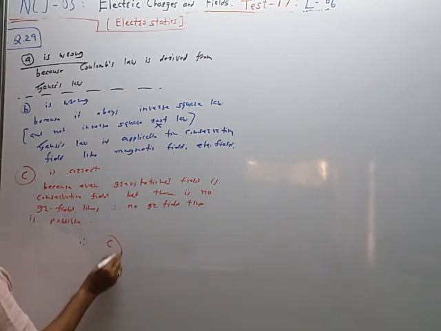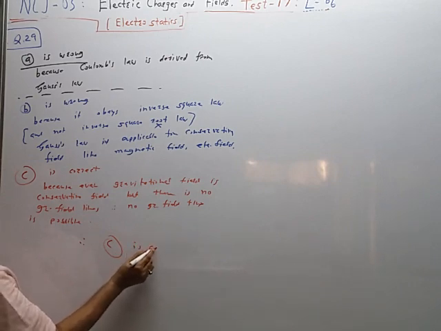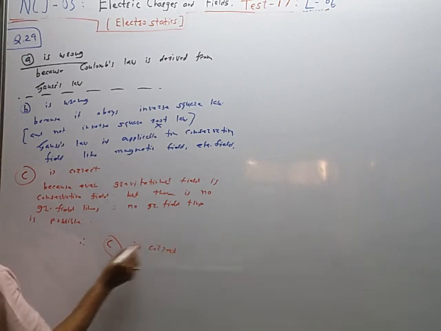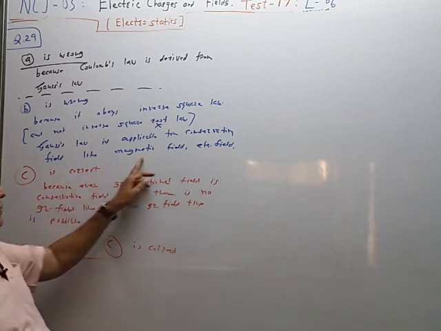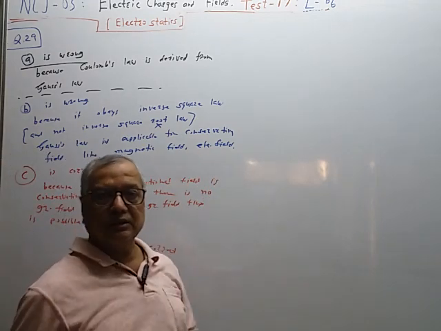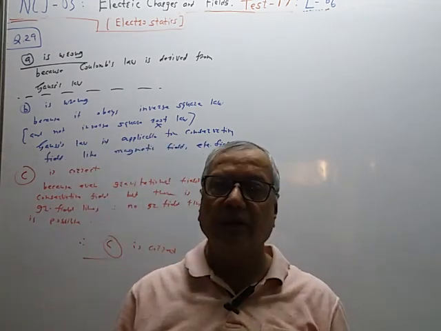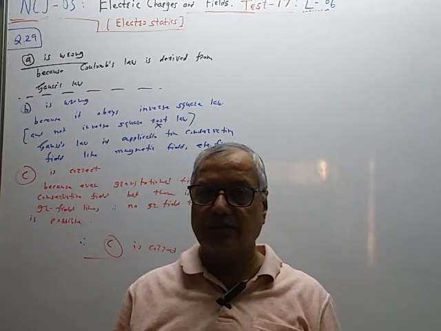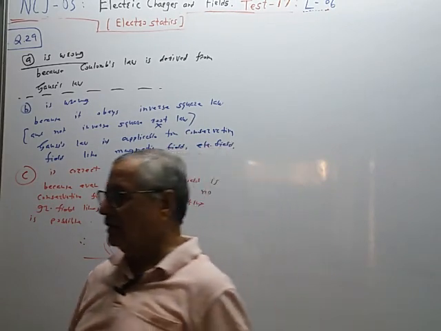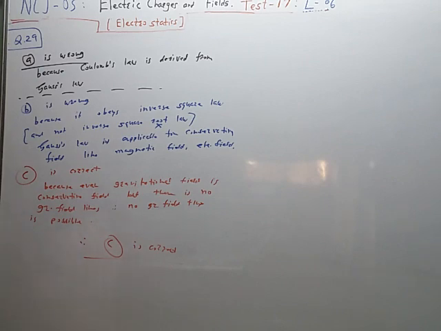Therefore C is correct. The electric lines of force are only in electric field and magnetic field. In the gravitational field, there is no such concept of field lines, and therefore C is the only correct one. It is not applicable for the gravitational field.